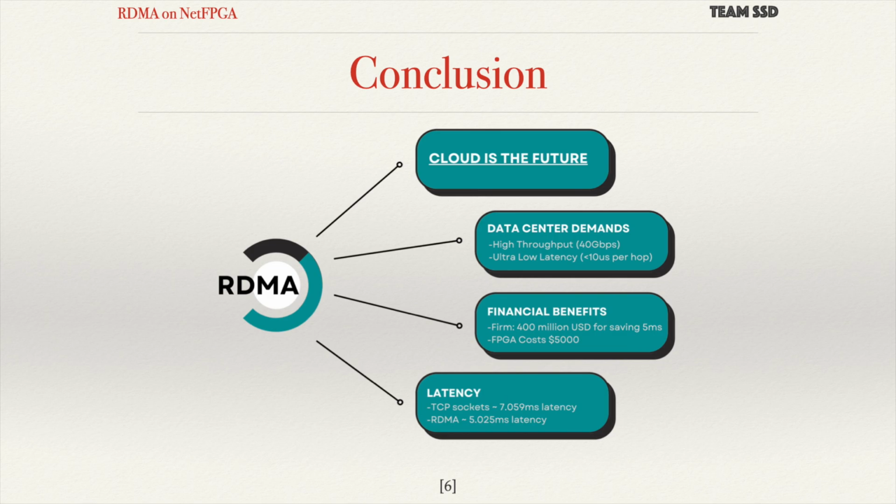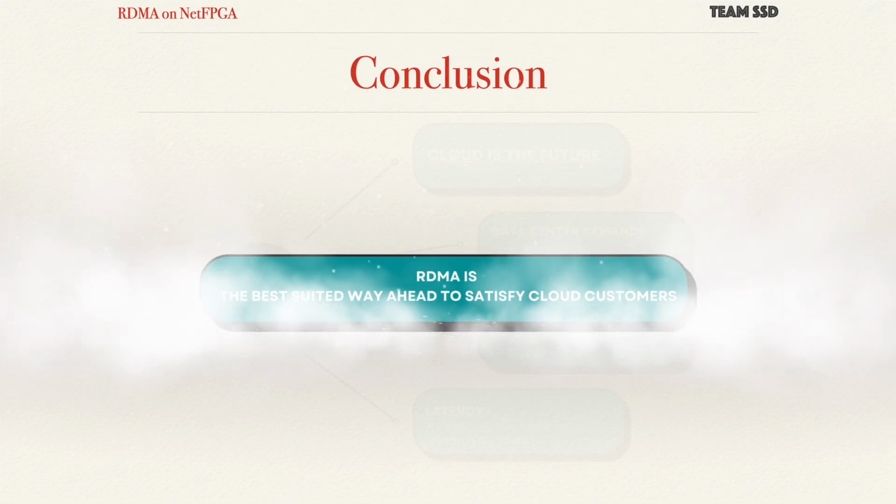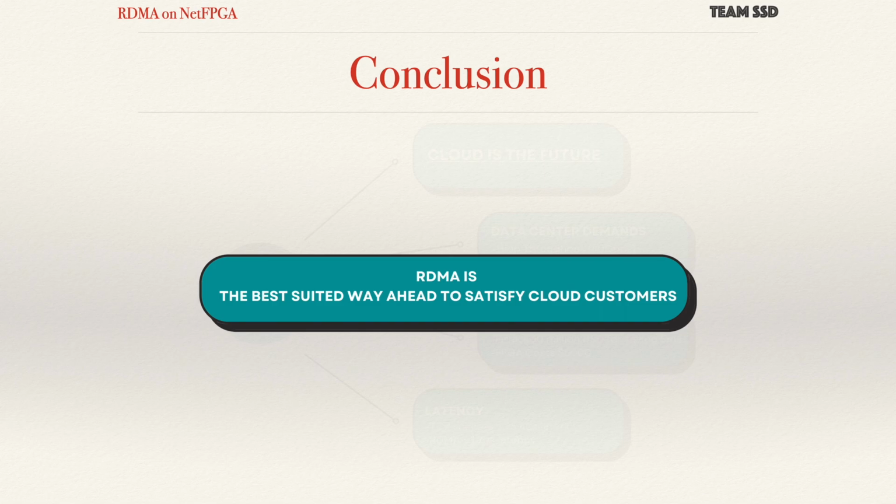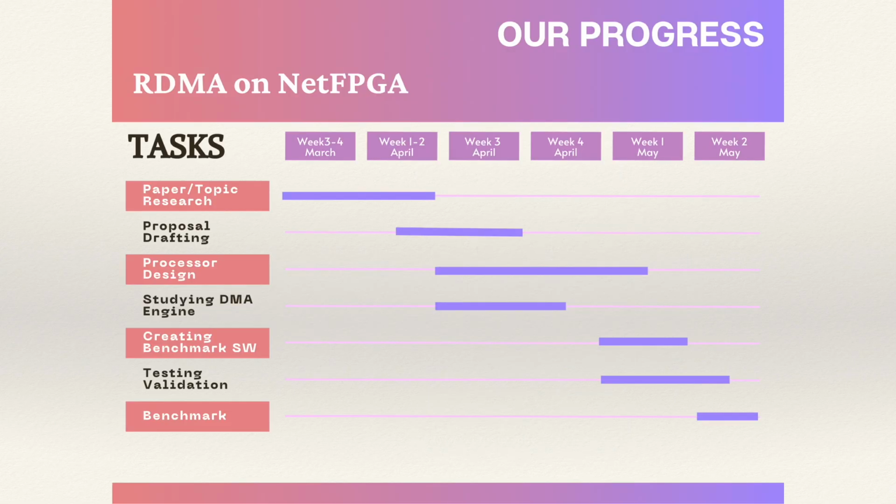All in all, in conclusion, I'd like to say that RDMA is the best suited way ahead to satisfy cloud customers. I hope you see how our solution is helping you achieve this, and there is not much complication involved. This is our progress report.